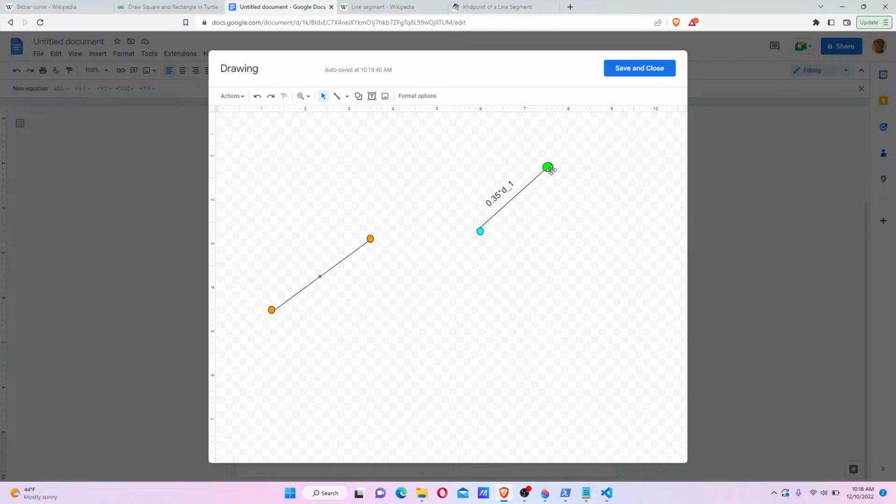Have that. I want that. I know this point. Oh, and I know the end point. So if I know this point and I know the end point, I think I should be able to figure out a proportion.